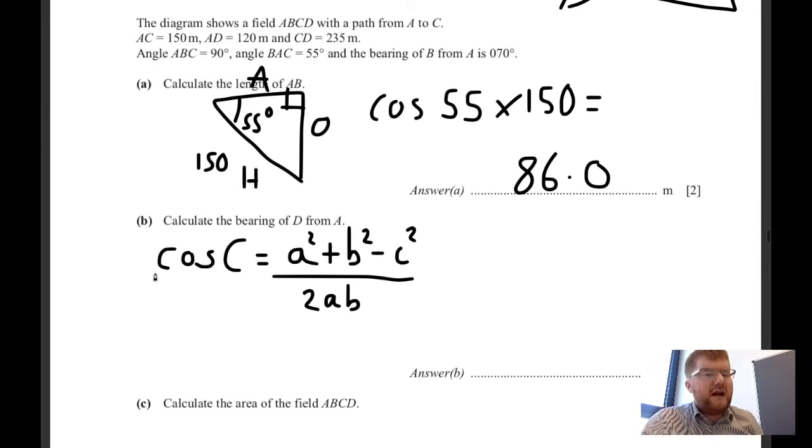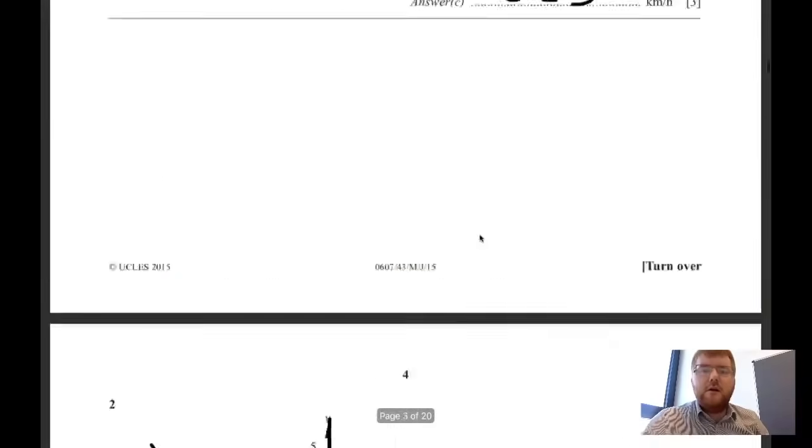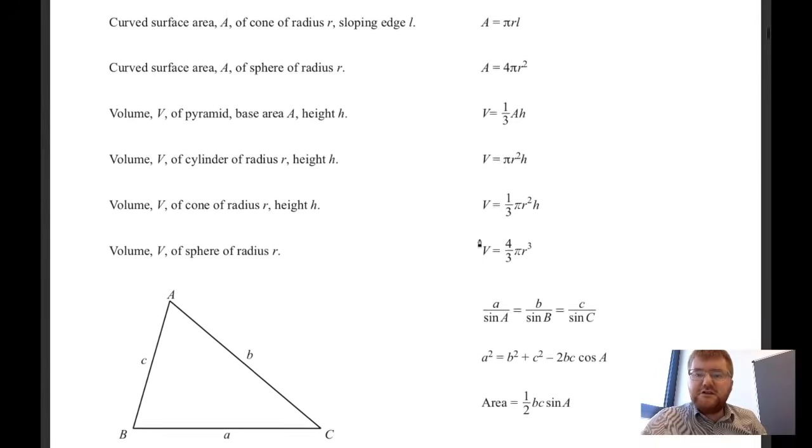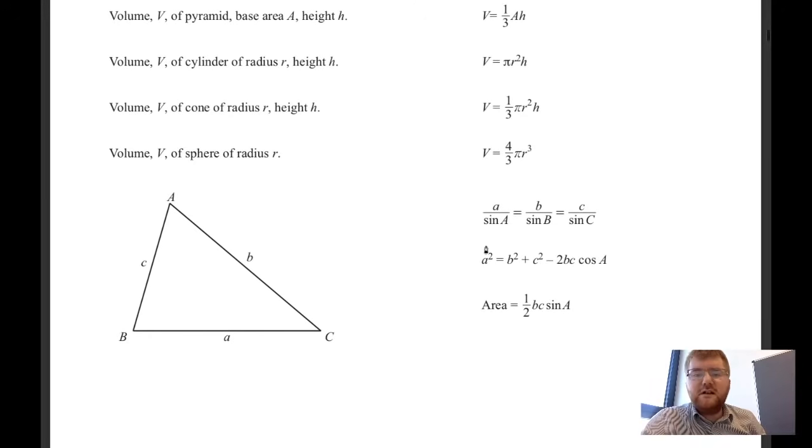Now, you're probably wondering, how did I get this formula? How do I know this formula? Well, first I learned it off by heart, but if we go to our formula sheet right at the start, let me scroll up quickly, notice in the formula sheet here, we have it only in terms of the sides.